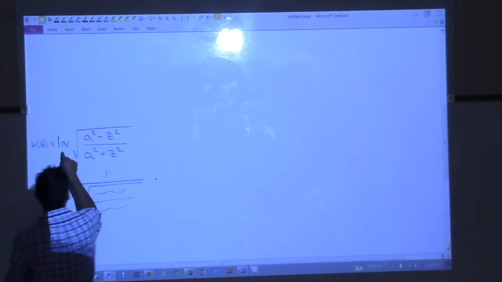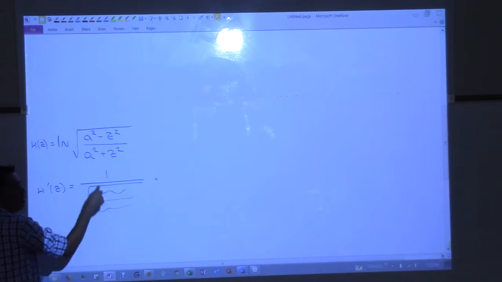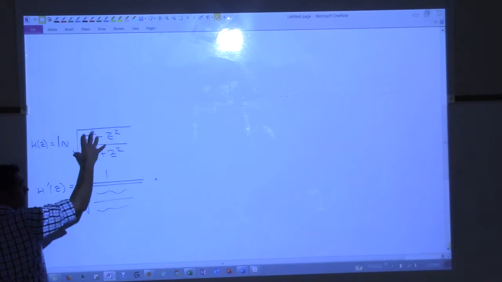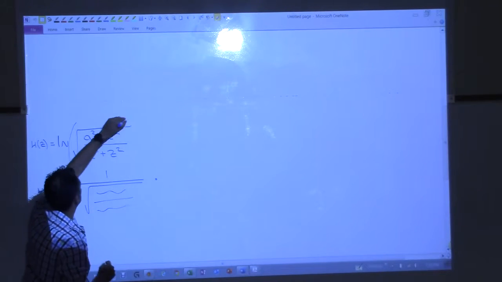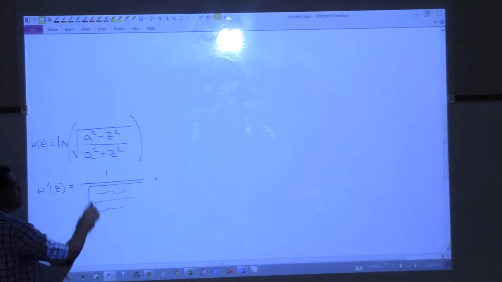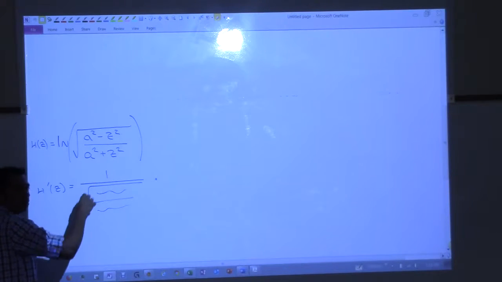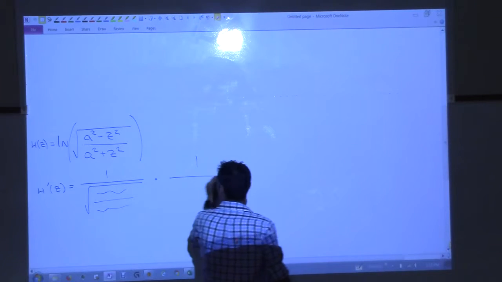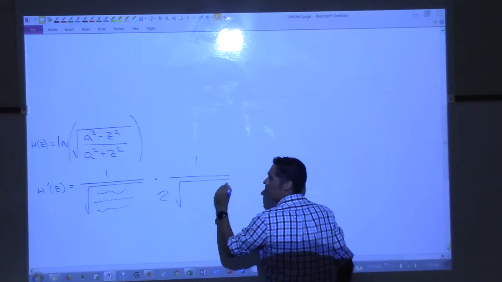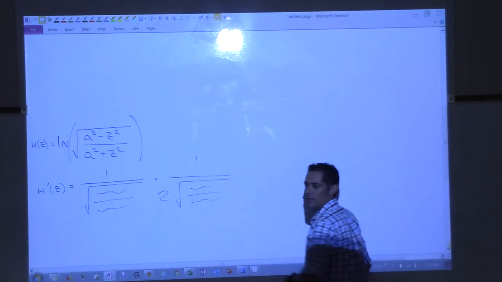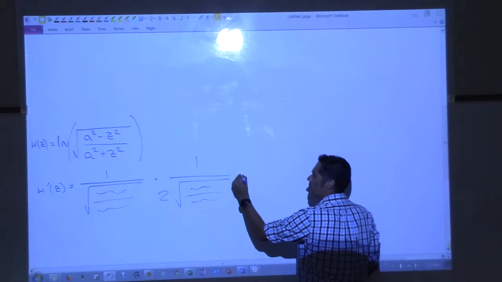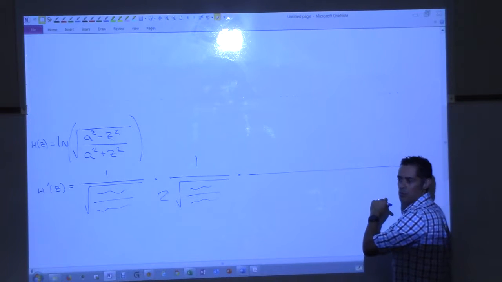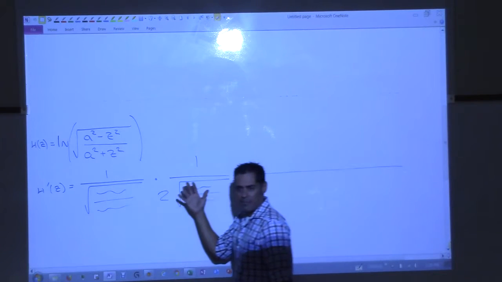The derivative of natural log of something is 1 over that something. If you want, you can put this in parentheses. Then I have to do the derivative of the square root of something, which is 1 over 2 times the square root of all that stuff, right? Then times, and now would come your quotient rule. Do you see that? Not fun.